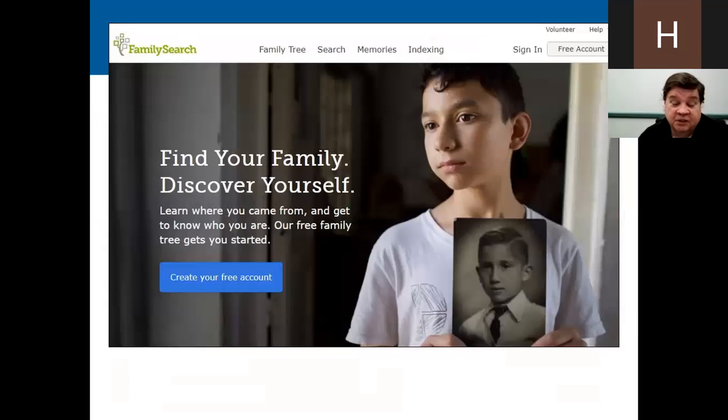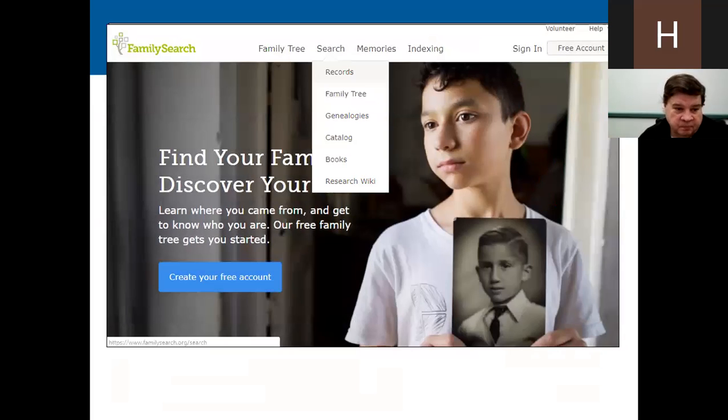Well, I want to look for some information about them, so I'm going to go to FamilySearch. FamilySearch is a free website. You need to either sign into it if you've got an account. If you don't have an account, make one. It's free. And we're going to go search. And I'm going to search the catalog.